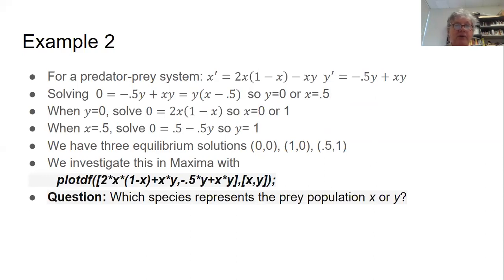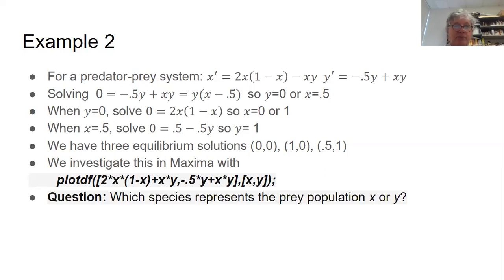Okay, so this is nonlinear, it's homogeneous. What happens? The easiest one to solve is the Y prime equation, because we can factor that. We can take out a Y as a factor. So we see that 0 equals Y times X minus 0.5. So Y equals 0 or X equals 0.5. When Y equals 0, we plug that into the first equation and we get 0 equals 2x times 1 minus x, so x equals 0 or x equals 1.